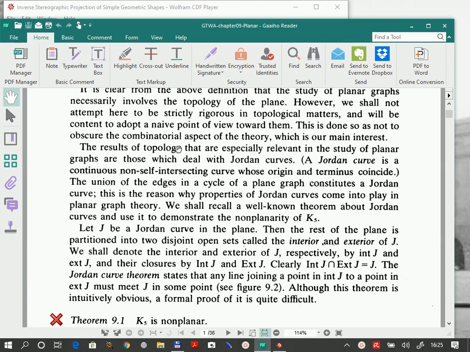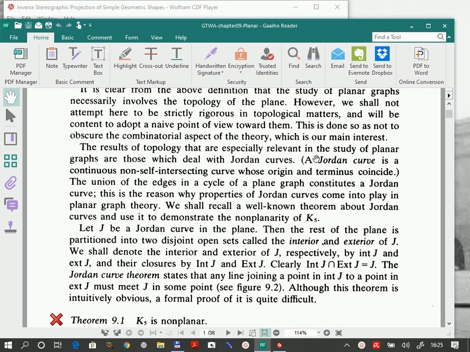Take a continuous non-self-intersecting curve whose origin and terminus coincide. So a curve in the plane starting and ending at the same point without any other self-intersections other than origin and end, drawn in a plane.